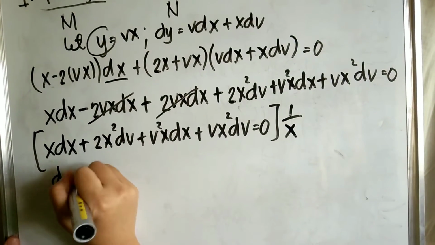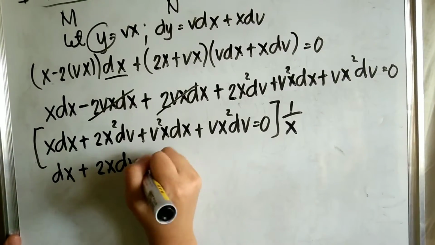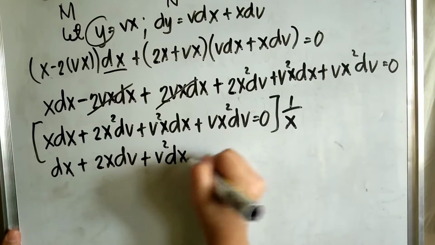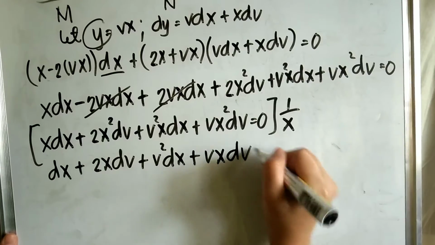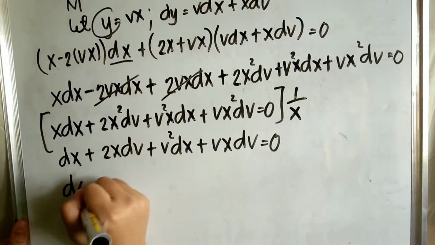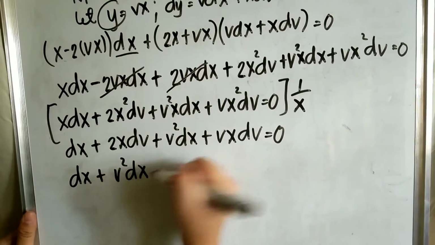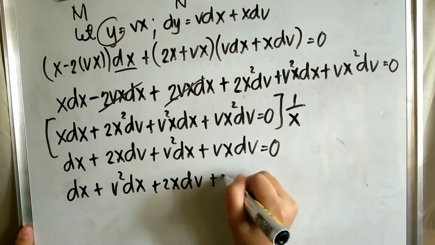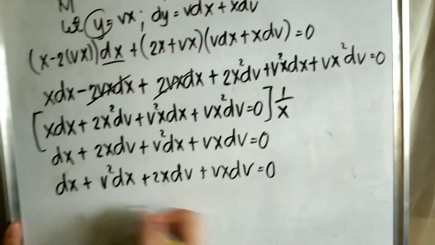This will become dx plus 2x dv plus v squared dx plus vx dv equals 0. This will become dx plus v squared dx plus 2x dv plus vx dv equals 0.